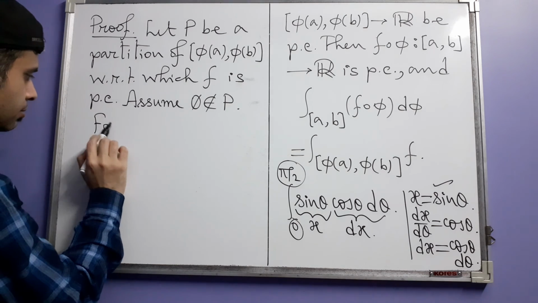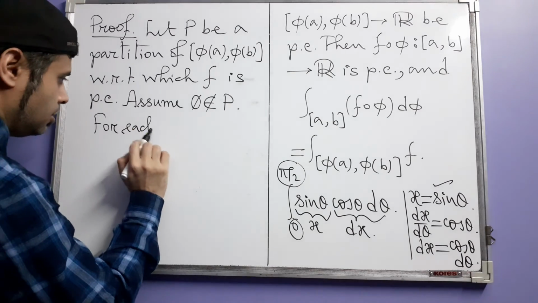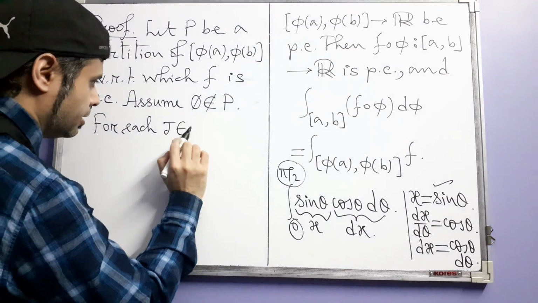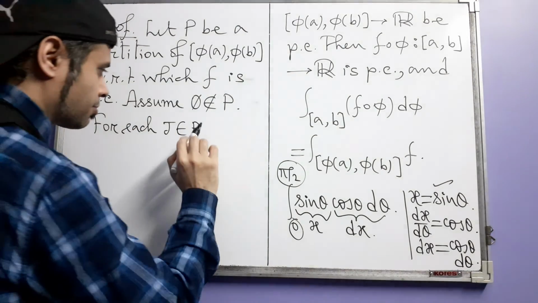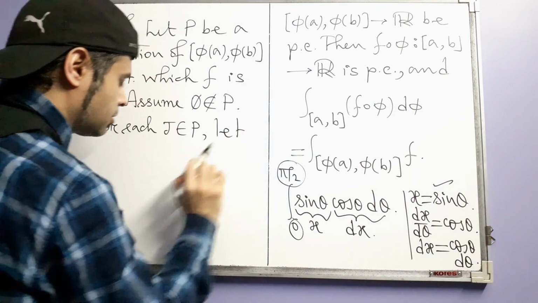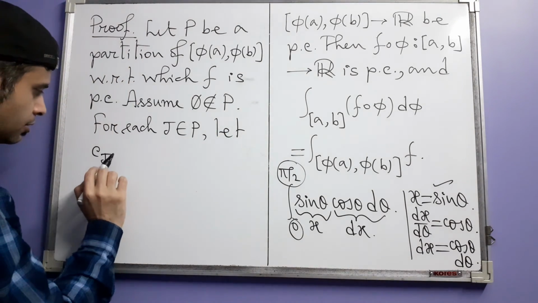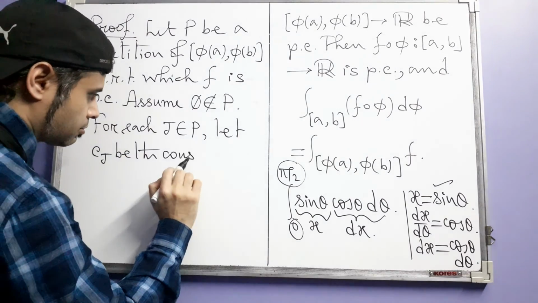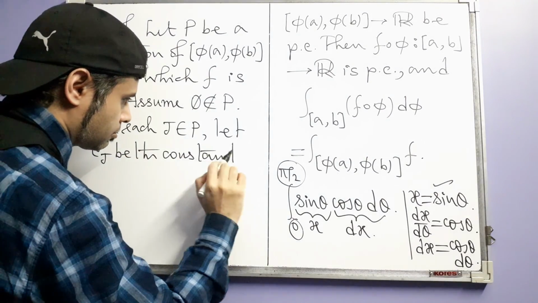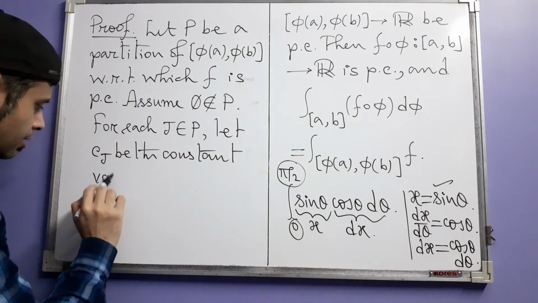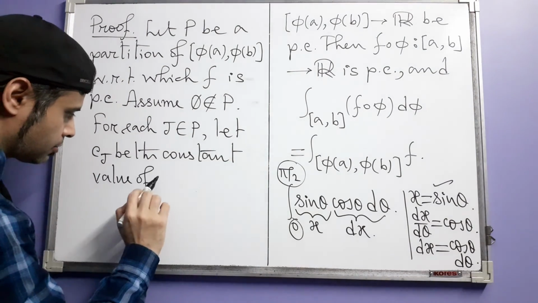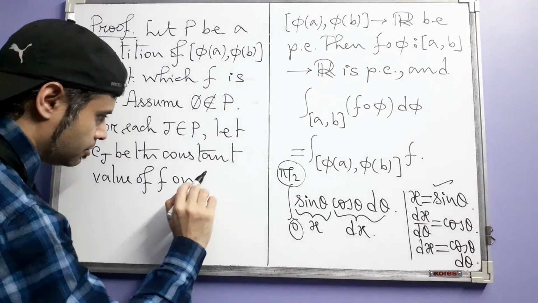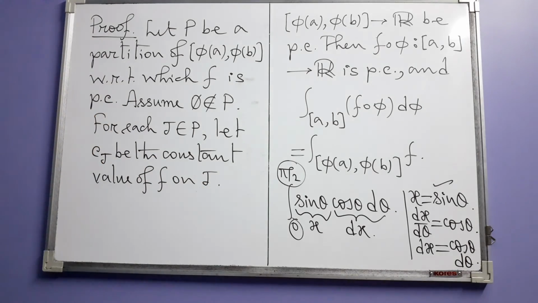For each subinterval j in this partition, let Cj be the constant value of f on j. Okay, because f is piecewise constant.